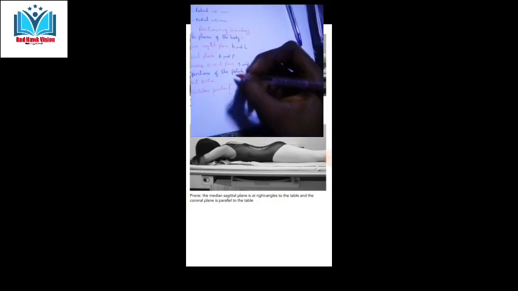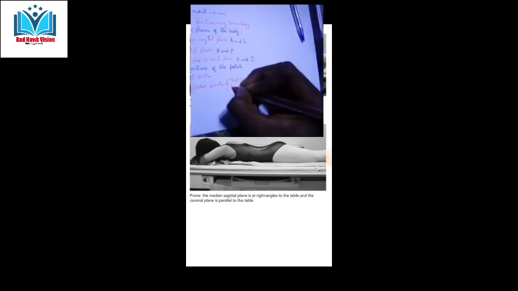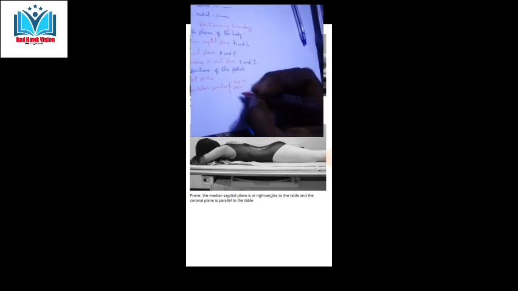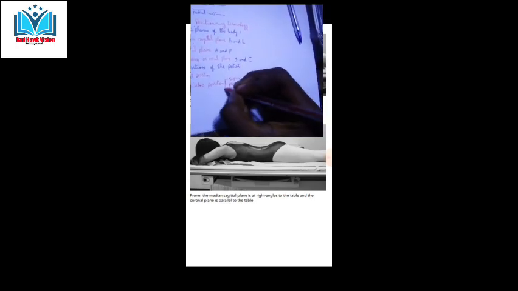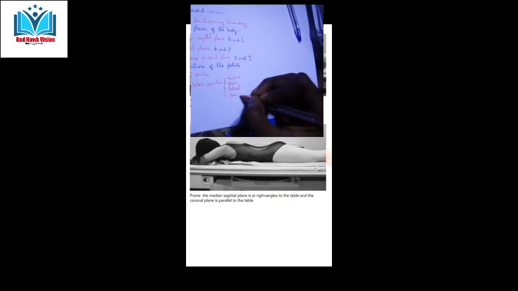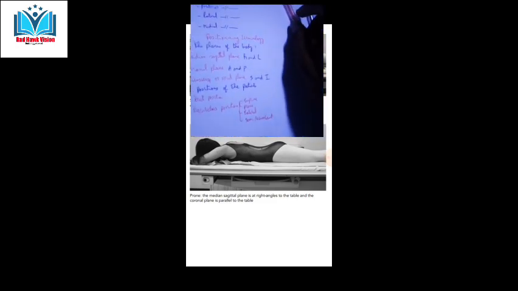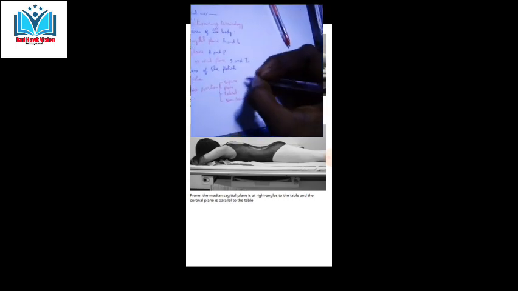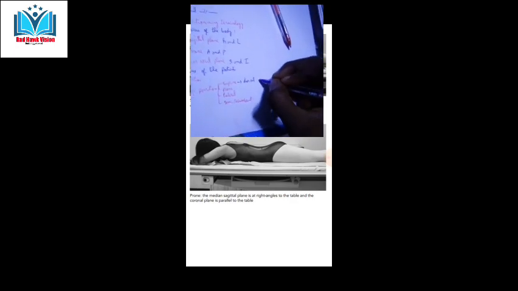So here we have supine, prone, side or lateral, and also semi-recumbent. Supine means dorsal decubitus.